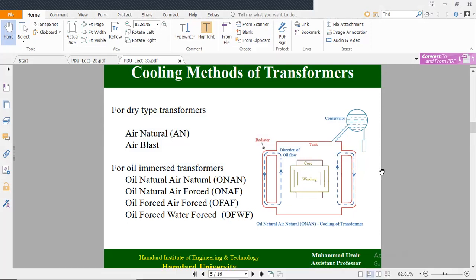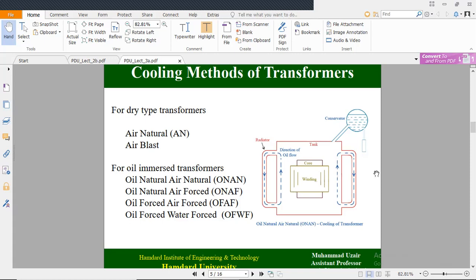Now moving towards the air blast. Air blast is a cooling mechanism in which air is blown from blower fans to cool down the fins. It is externally provided air, that is why we call it air blast.